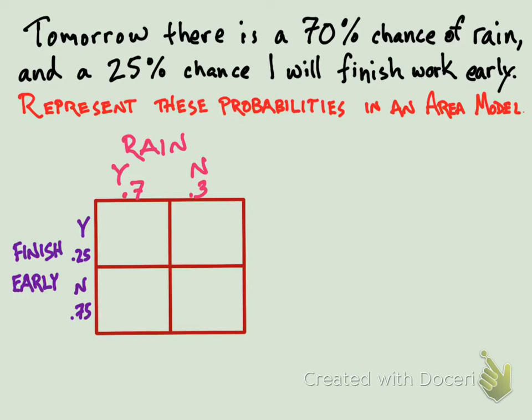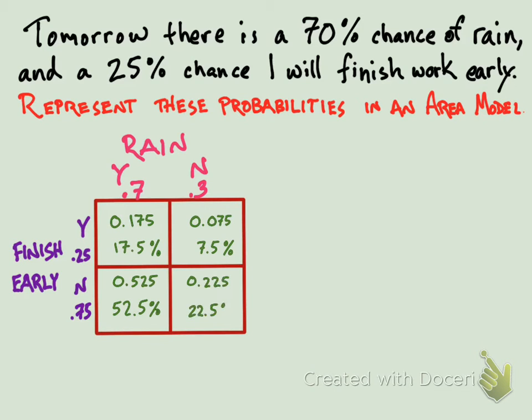Now it's really simple to just take the calculator out and start multiplying these decimal fractions together, and we can figure out all the different possible combinations of it raining or not raining, and me finishing work early or not, in this area model. Then we can answer simple questions like, what's the probability of there being rain and me finishing work early?